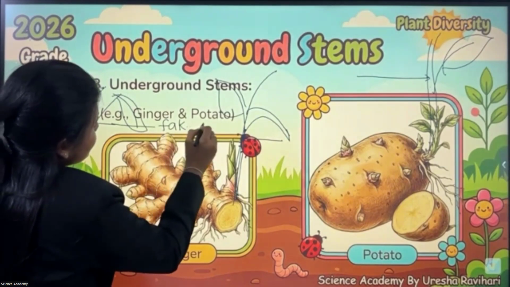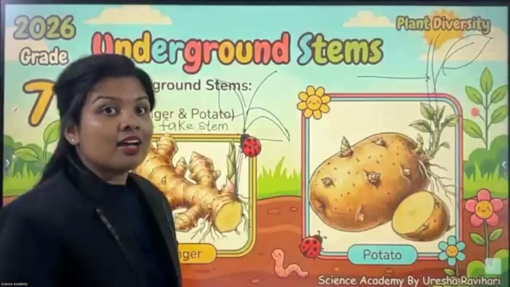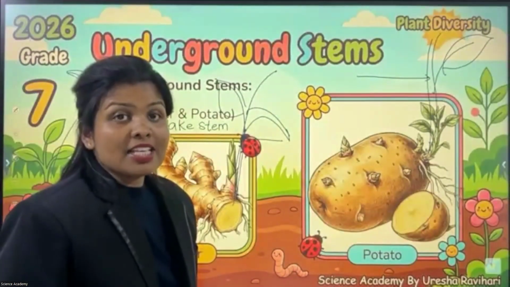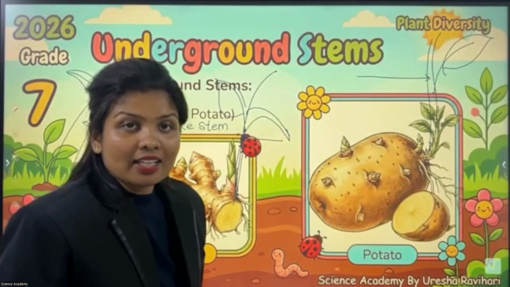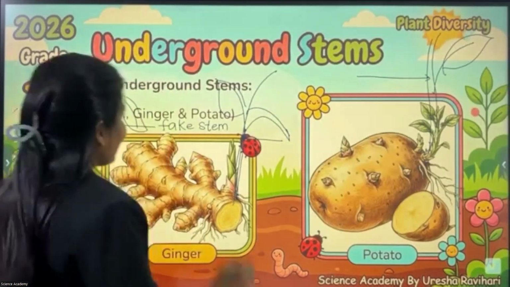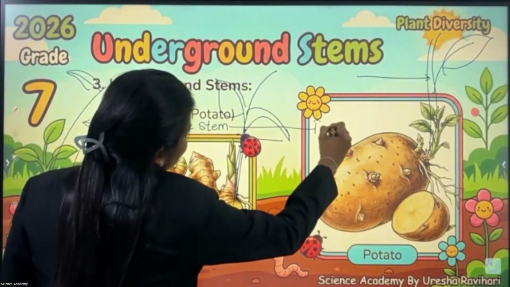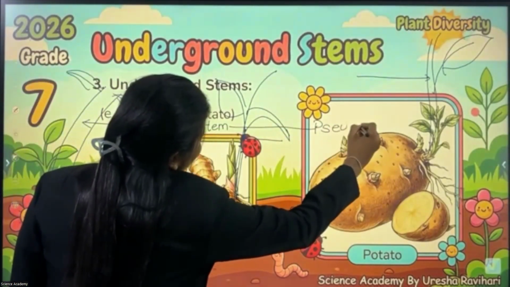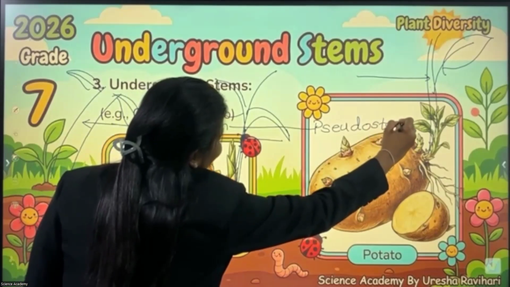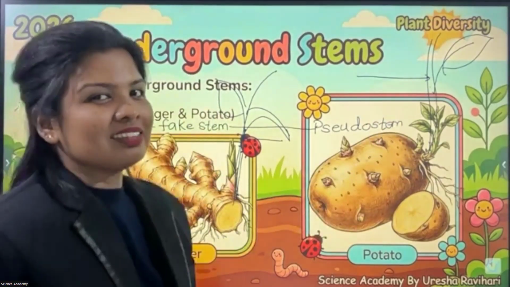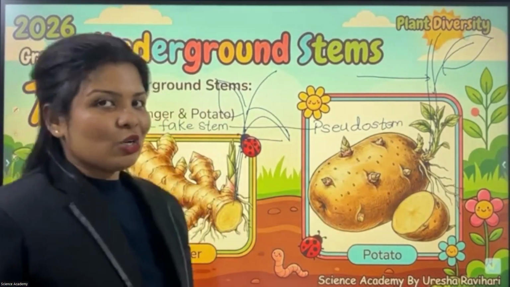In science, fake stem is called pseudostem. Pseudostem. They don't ask much about this, but if you need, you can write it down. For your understanding and knowledge, I told you.